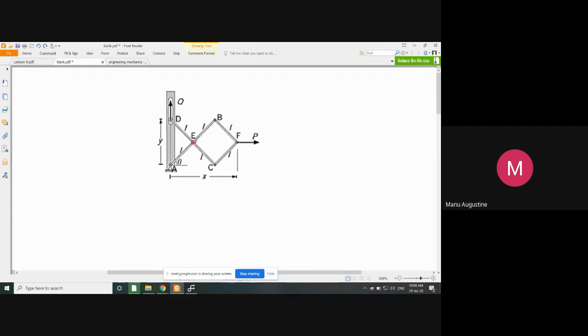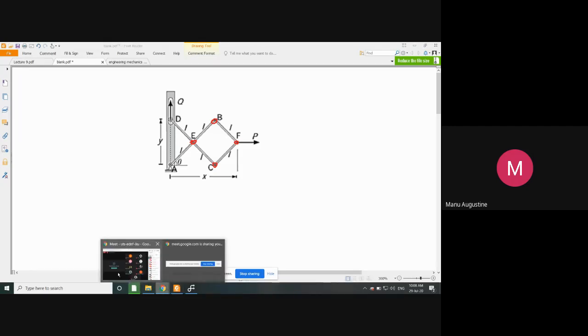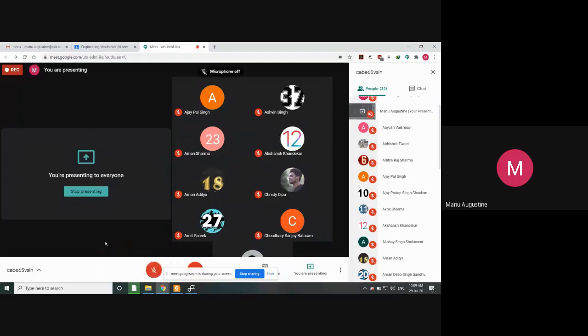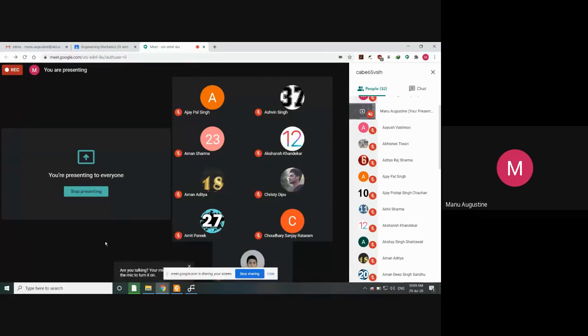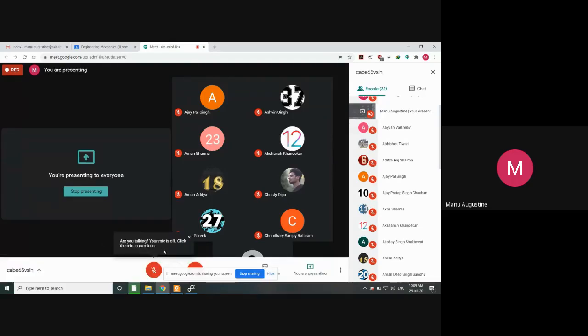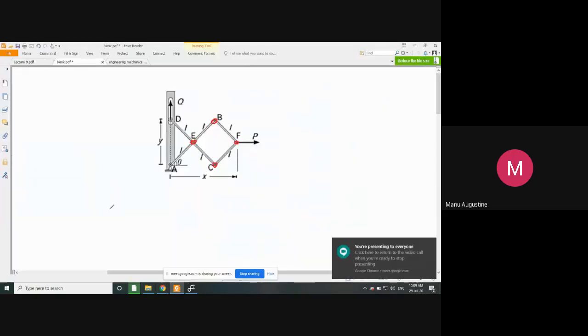This is also a pin link. Now look at this mechanism.